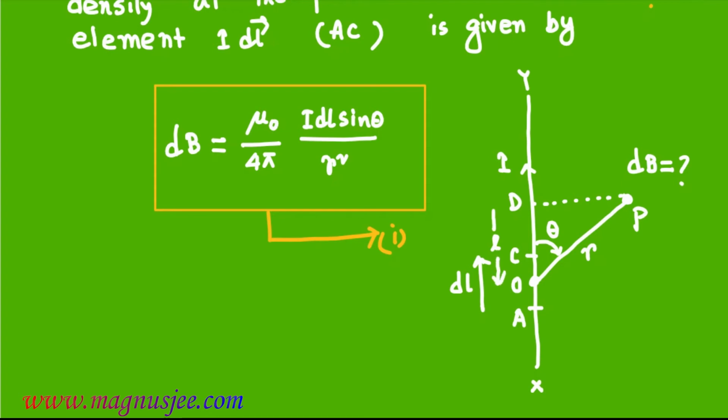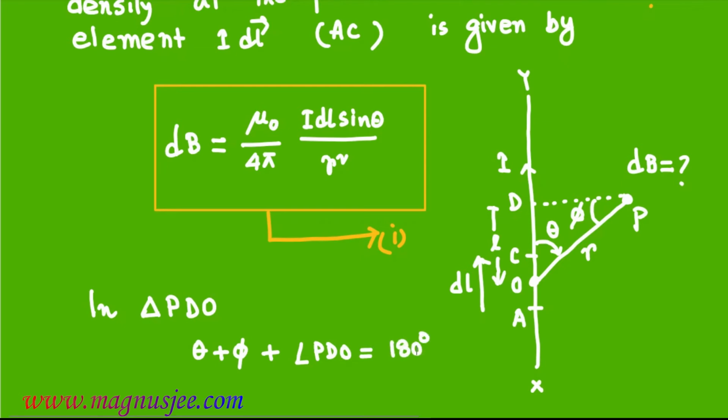We can denote the distance of the point O of the current element AC from the point D as L. In right angle triangle PDO, theta plus phi plus angle PDO, which is 90 degree, equals 180 degree, as the sum of three angles of a triangle is 180 degree.